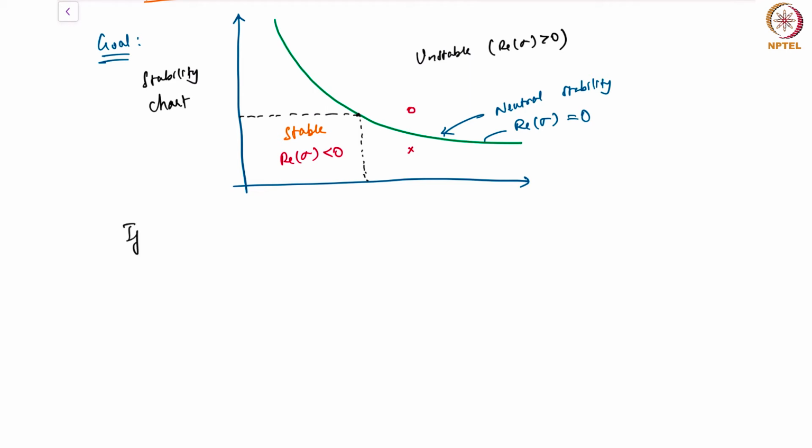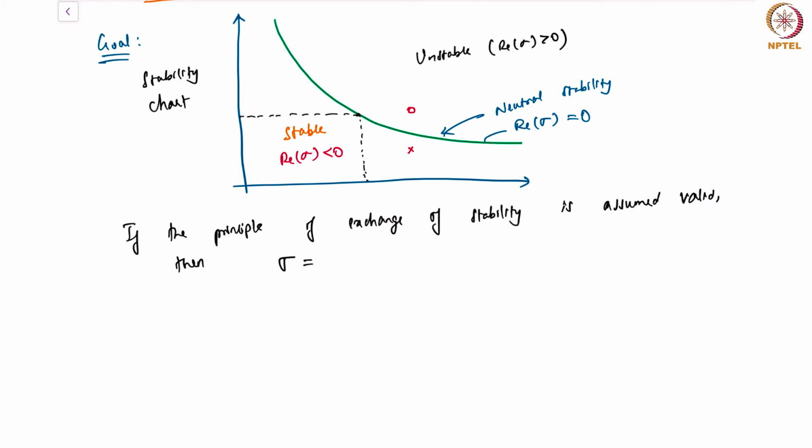So if the principle of exchange of stability is assumed valid, then sigma is equal to 0 on the neutral curve. What does it mean? It means that on this neutral curve the solution is not growing or decaying, correct?